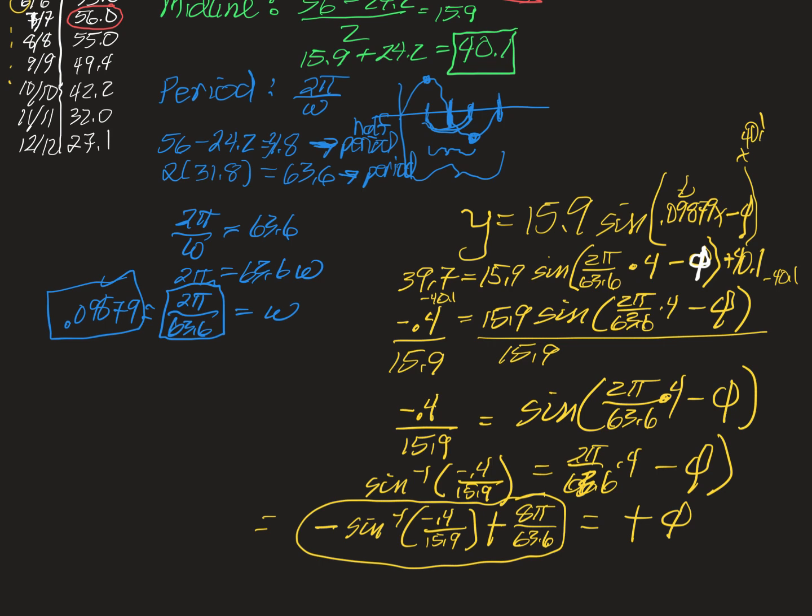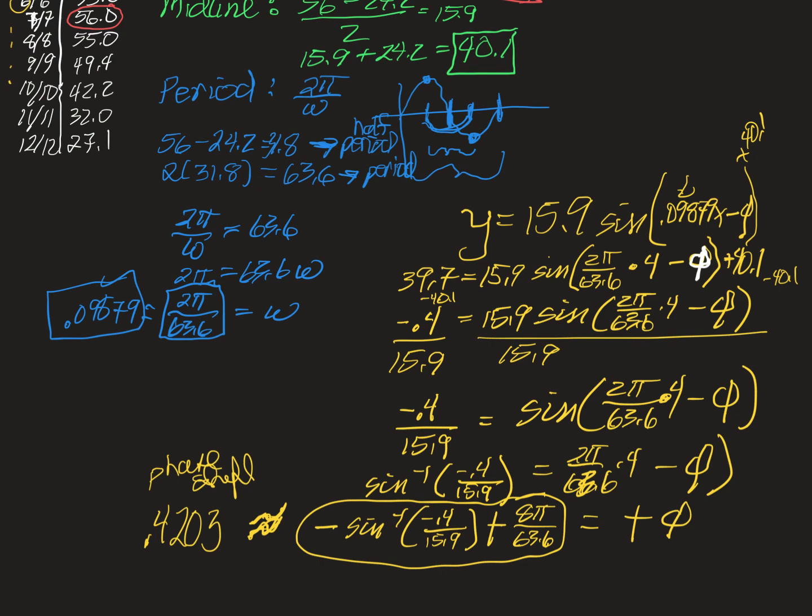And if everything works out, I end up with 0.4203. Okay? And that's my approximation. So what does that mean? This is the phase shift, right?